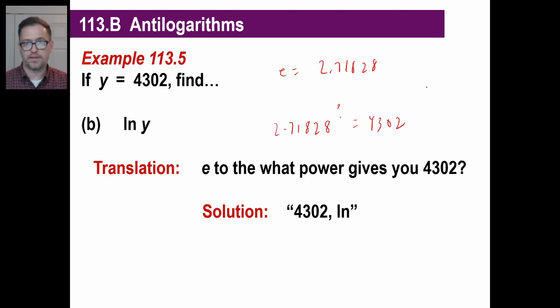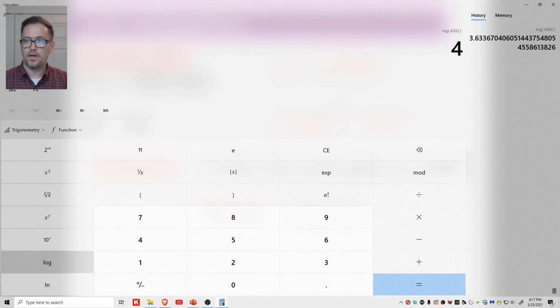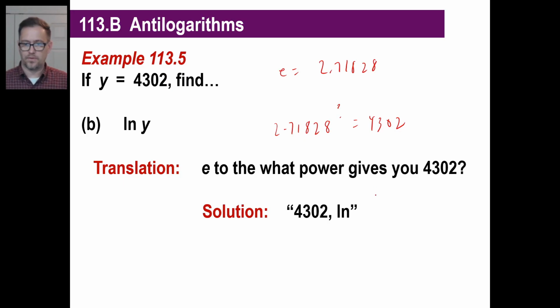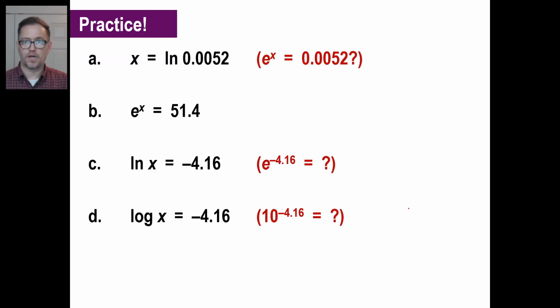You're going to do the same exact thing we just did a second ago. So 4,302, and the natural log instead of just a log, boom, there it is. So 8.37, we'll call it. So the answer is 8.37, which means e to the 8.37 power gives you 4,302.